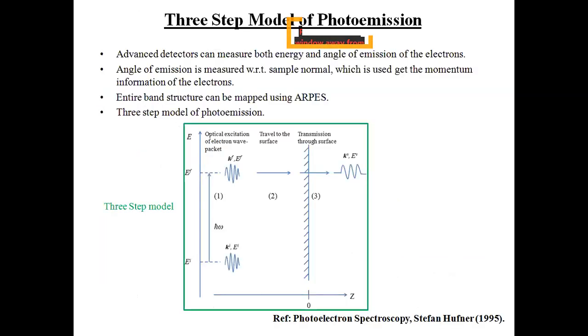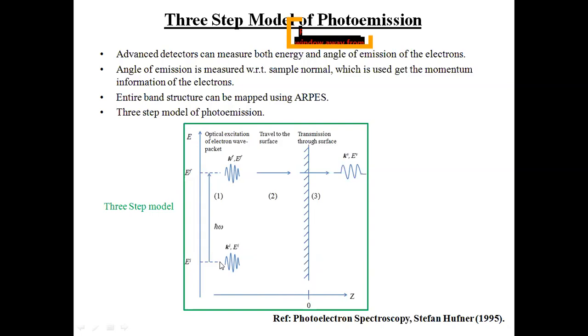Now I will discuss the model of this phenomenon, which is photoemission. Theoretically, this model is called the three-step model, where we think this photoemission process is happening in 3 steps. Look at these schematics. This is your material. Z less than 0 is your material, Z greater than 0 is vacuum.